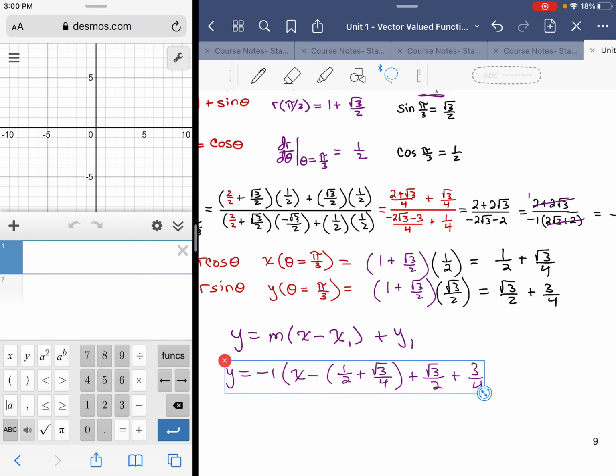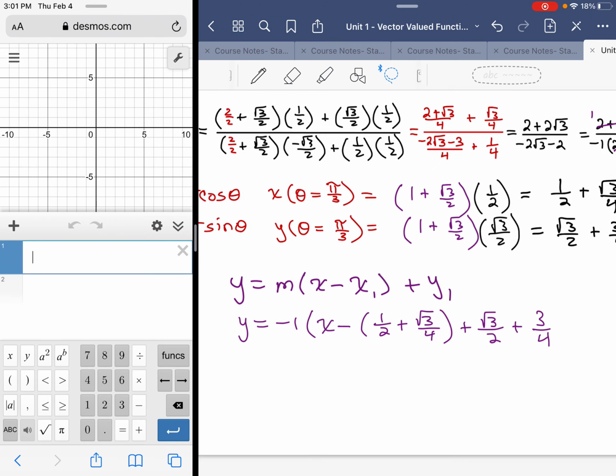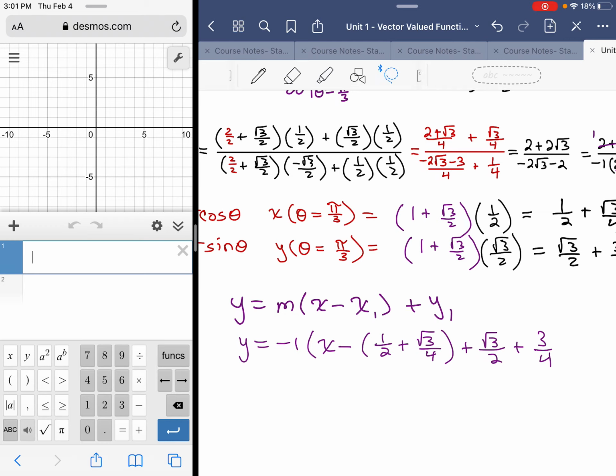Just going to make it a little smaller. All right, so I have y is equal to -x plus 1/2 minus radical 3 over 4 plus radical 3 over 2 plus 3/4. All right. Now I can combine some like-ish terms.